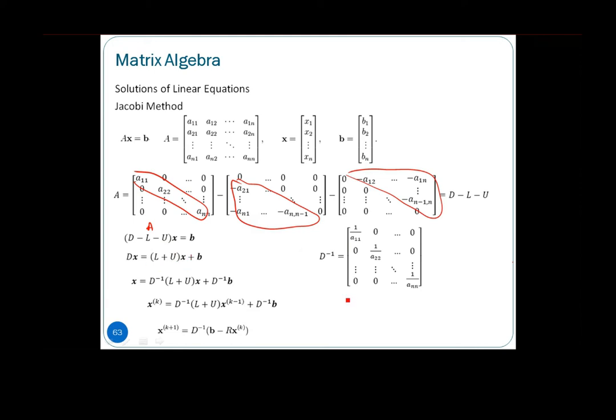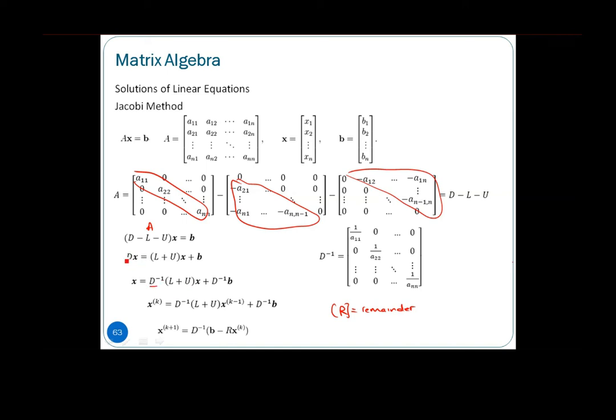Here L plus U we call R, the remainder. So R equals the remainder, which means all the matrix numbers except the diagonals. So here you have the diagonal and the remainder.